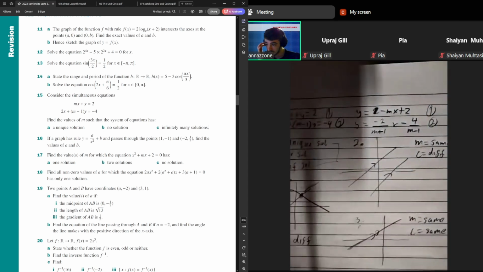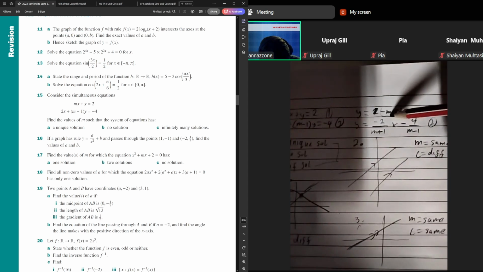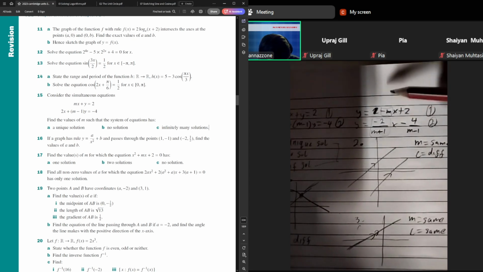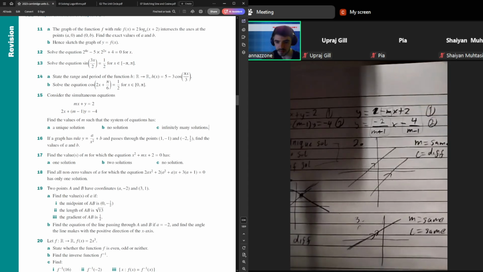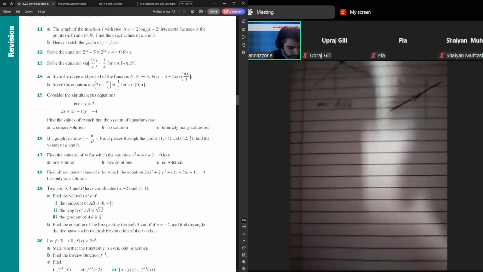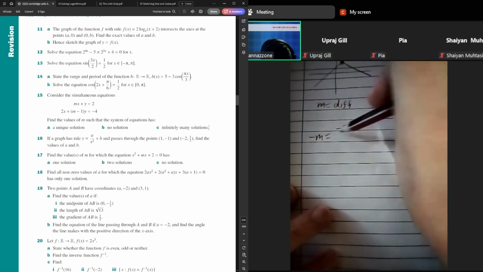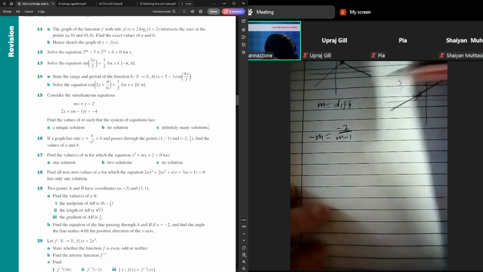Now, it doesn't really matter what you're solving for. What you do is you compare gradients to each other, each from its own equation, and then you compare y-intercepts to each other, each from its own equation. So, I know it'll be off screen for a little bit, but basically we're going to have negative m equals negative 2 over m minus 1.